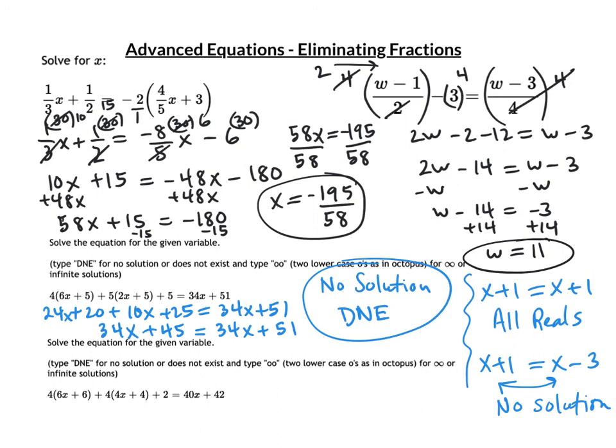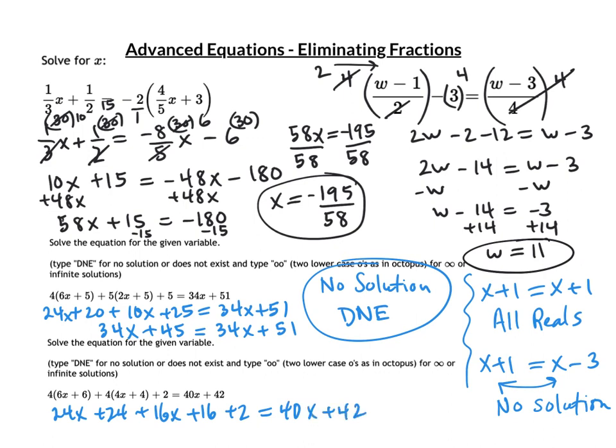So for this last one, same deal. We'll distribute: 24x plus 24 plus 16x plus 16 plus 2 equals 40x plus 42.